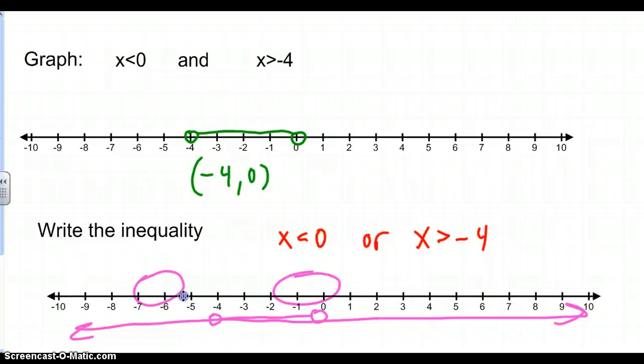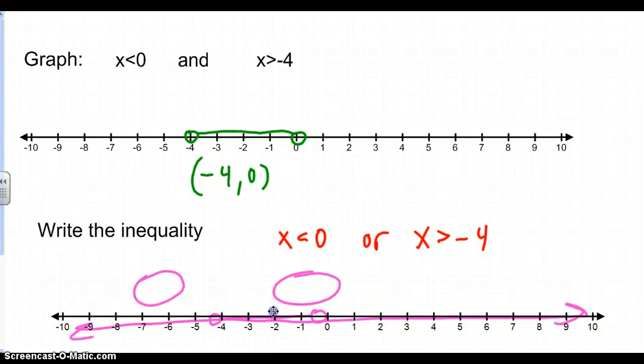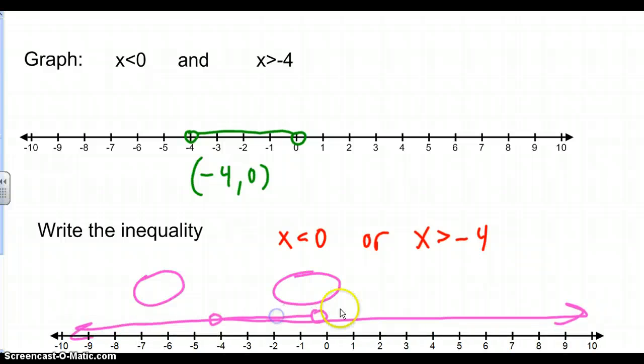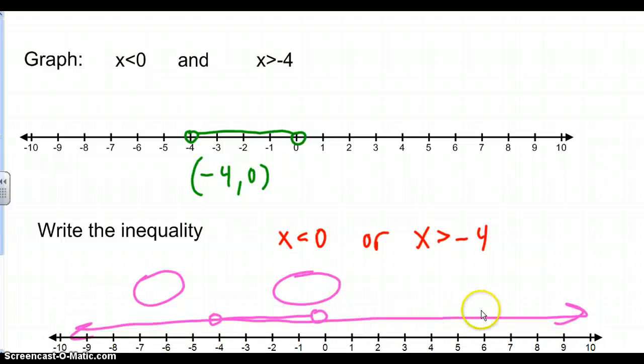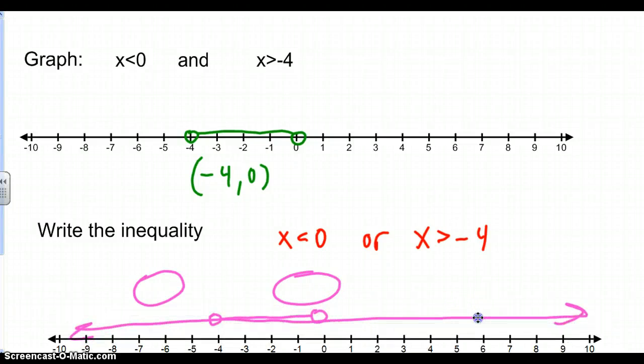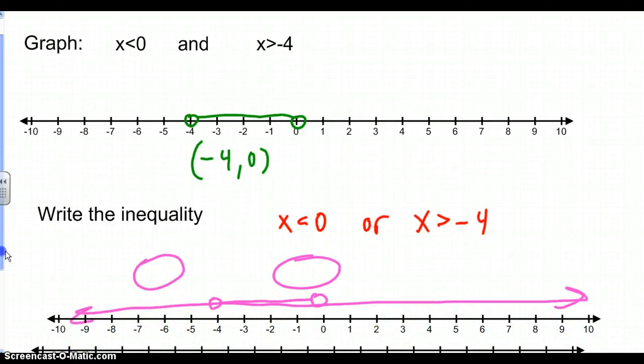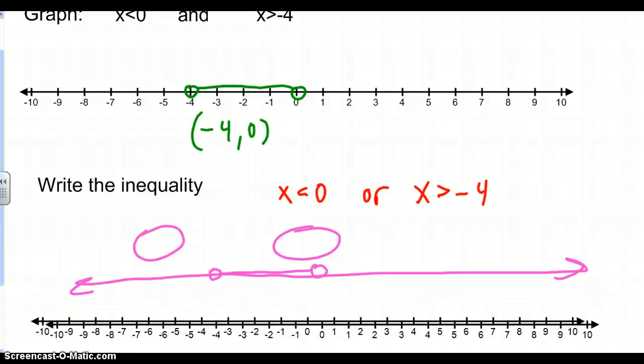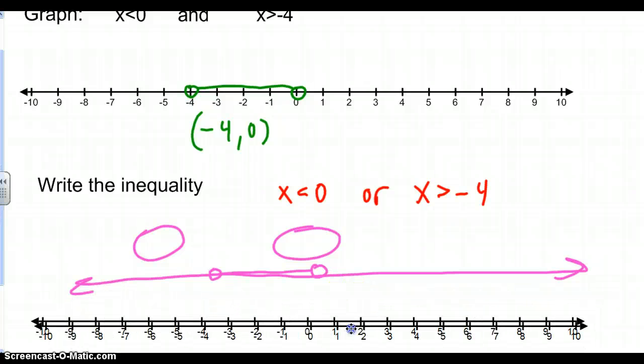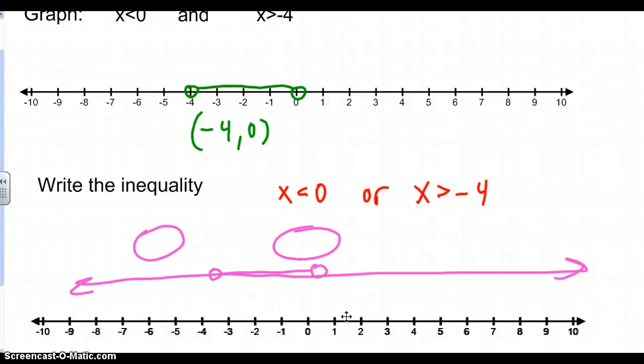My only question is, what do I do with these open circles?